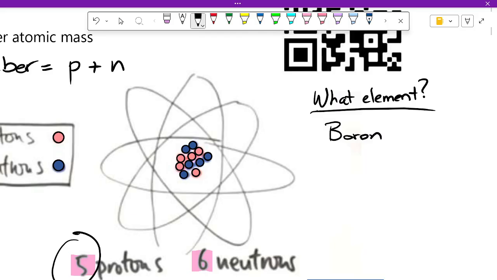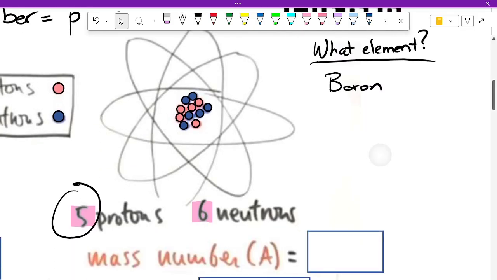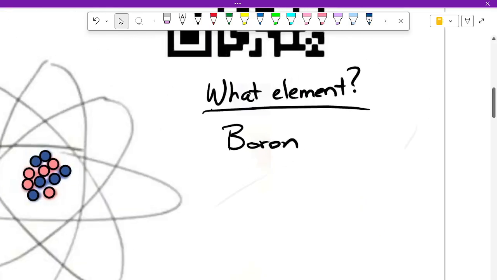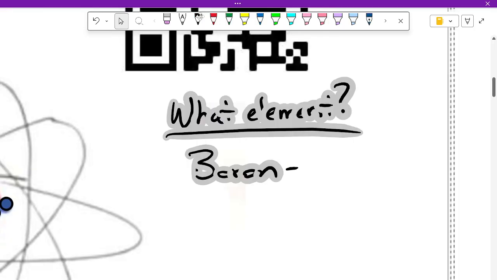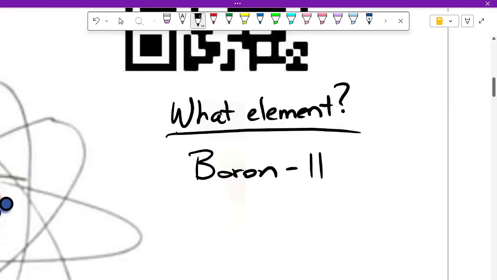And what is the mass number of this boron atom? It's 11. It's 5 plus 6 equals 11. Where would we put that 11 in the name of boron? Murtaza, where would we put the 11 in the name for boron? Yeah, we'd put it over here with a dash and then an 11.